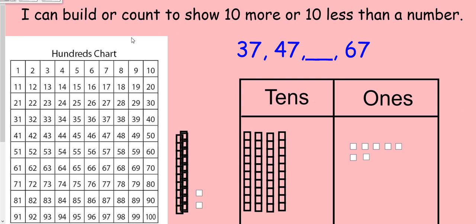One way we could show that we are counting by tens is by using our place value chart. Let's look to see the missing number. The missing number is here. It comes after 47 and it comes before 67.